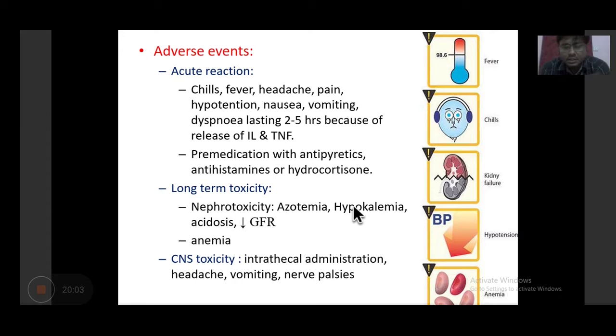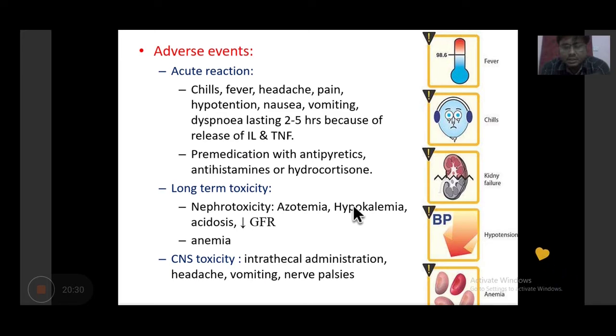Apart from this acute reaction, some long-term toxicity, as I told you, nephrotoxicity is very well associated with amphotericin use, and it is actually a big challenge for us to give amphotericin to the patient because of this nephrotoxicity. Because of the nephrotoxicity, azotemia, hypokalemia, acidosis, decreased GFR can be seen, anemia can be seen.